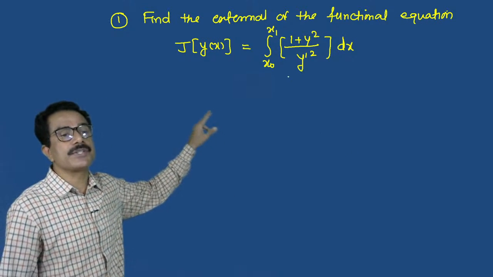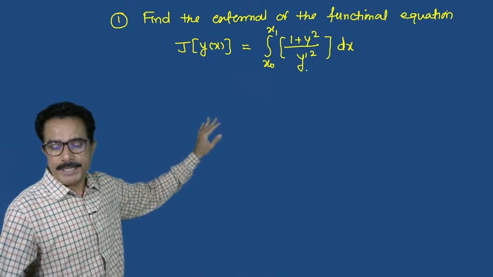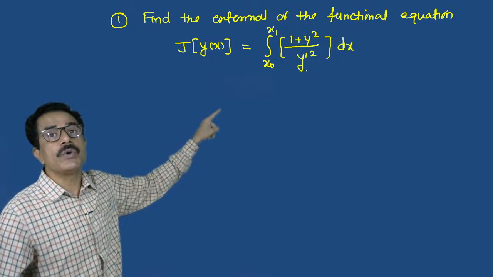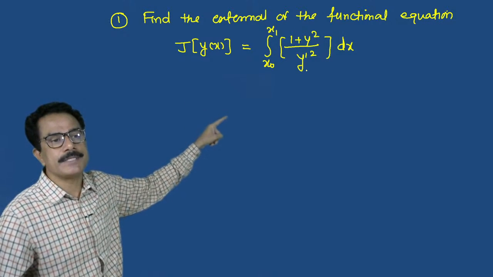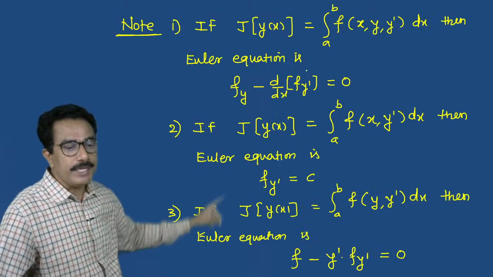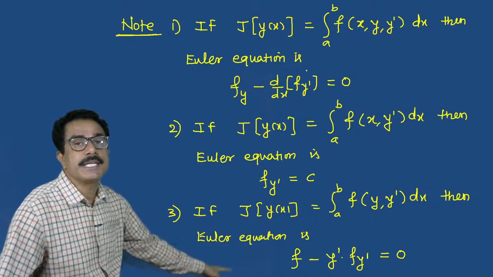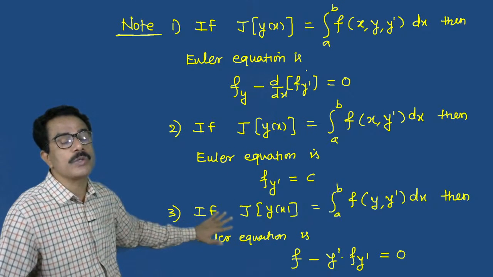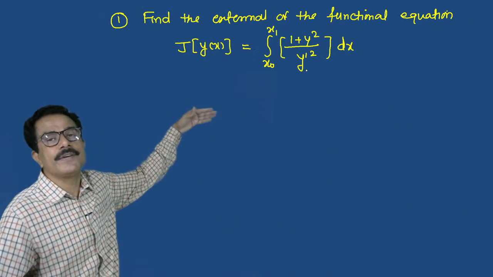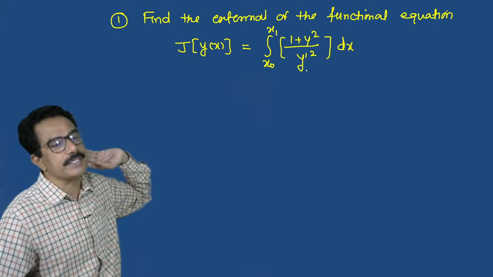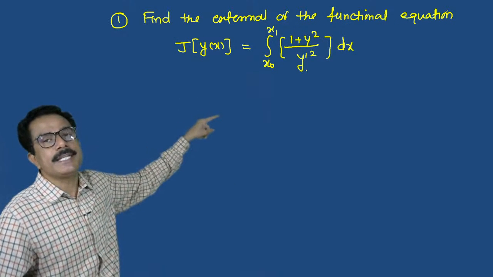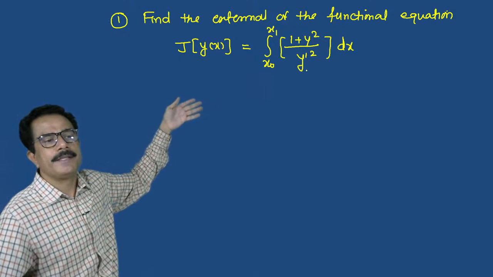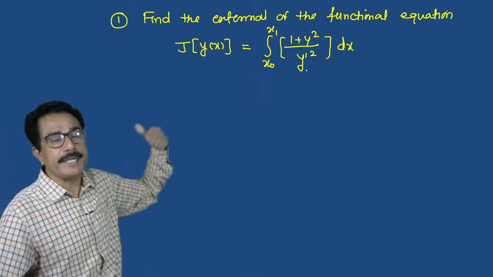See this is the functional which is independent of x because in that function there is no x, x is absent, that means independent of x. Then we have to use this Euler special condition second to solve this functional. आता हा functional solve करण्यासाठी Euler special condition second वापरायचे आणि या ठिकाणी इंटिग्रल चे लिमिट x0 to x1 आहे, that means from a to b.